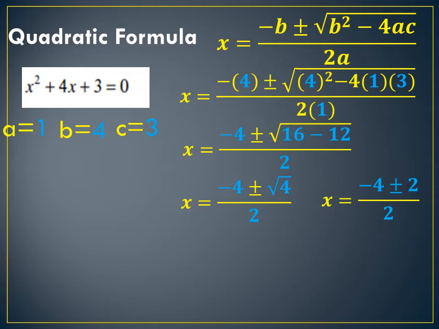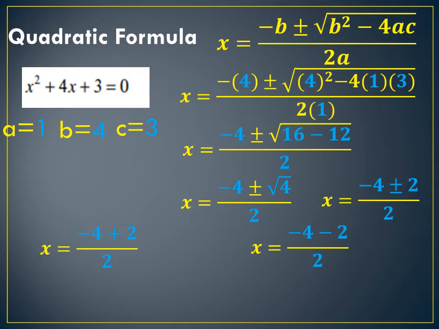Okay, and then separate your positive 2 and negative 2. You have now x equals negative 4 plus 2 all over 2, and x equals negative 4 minus 2 all over 2. So we separated plus 2 and minus 2 for positive or negative 2. Then simplify each equation. Negative 4 plus 2, they have different signs.